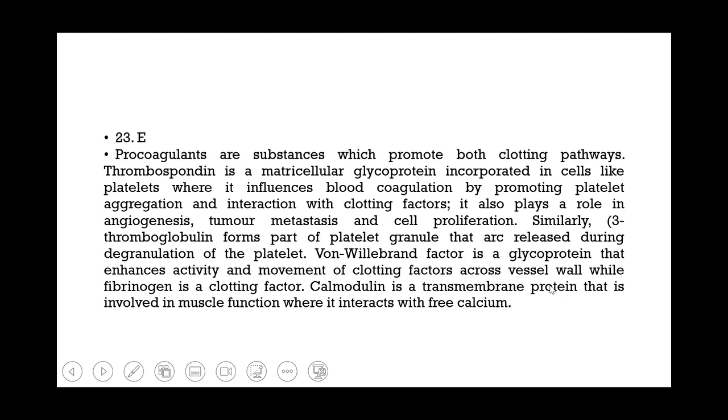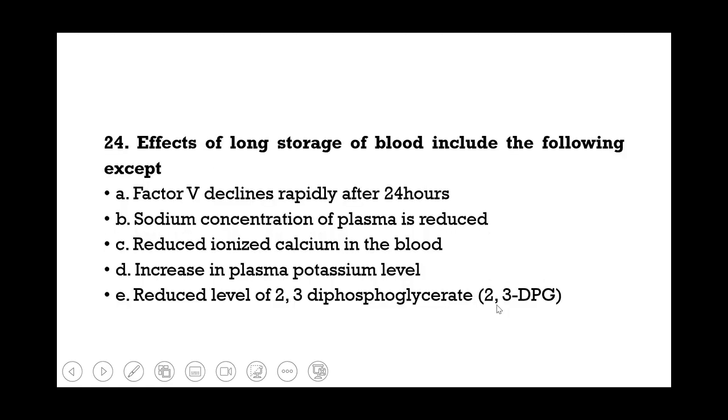Similarly, beta-thromboglobulin forms part of platelet granules that are released during degradation of platelets. Von Willebrand factor is a glycoprotein that enhances activity and movement of clotting factors across the vessel wall, while fibrinogen is a clotting factor. Calmodulin is a transmembrane protein that is involved in muscle function, where it interacts with free calcium, so it's not a procoagulant.